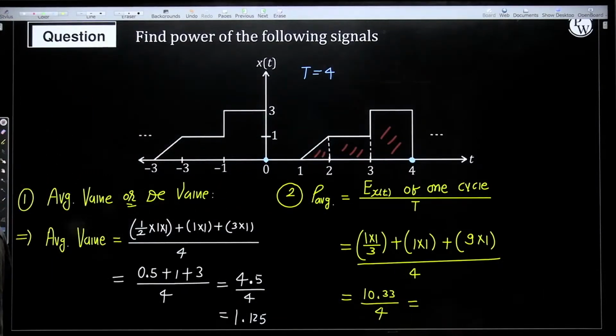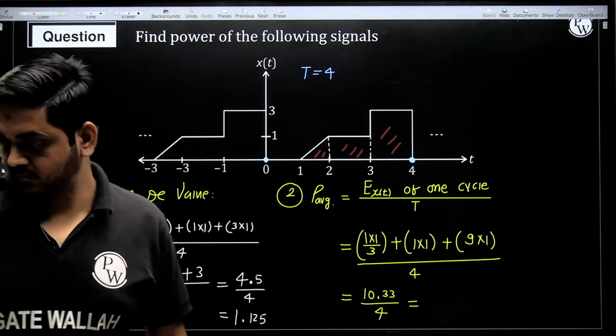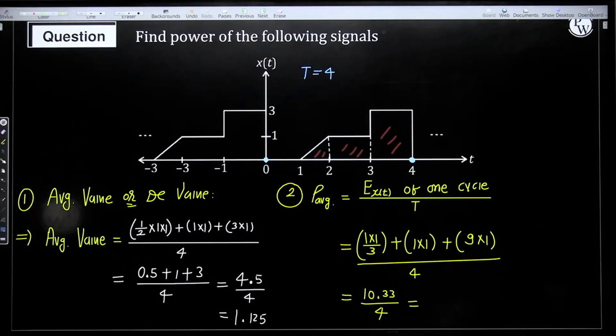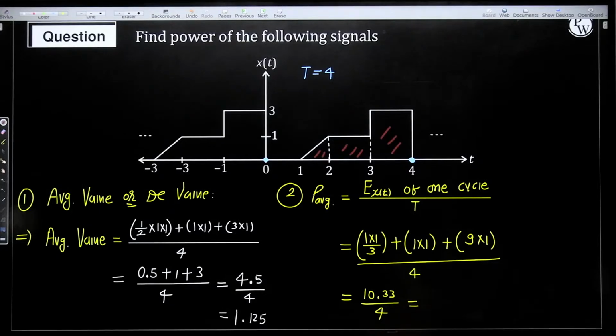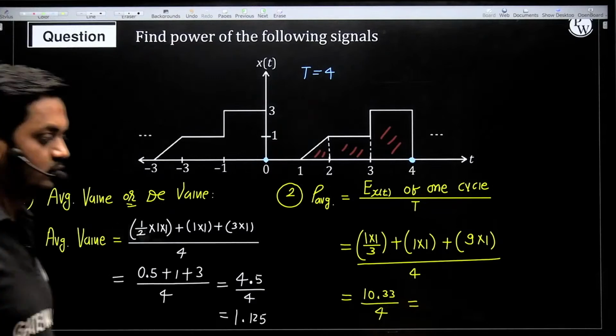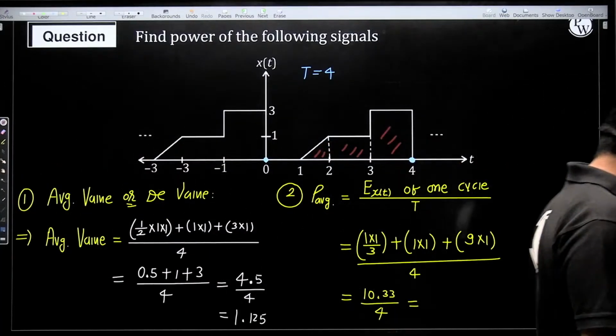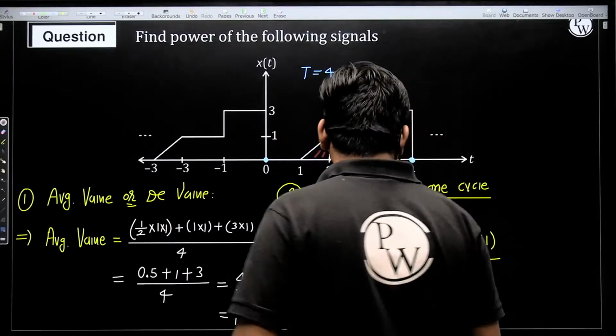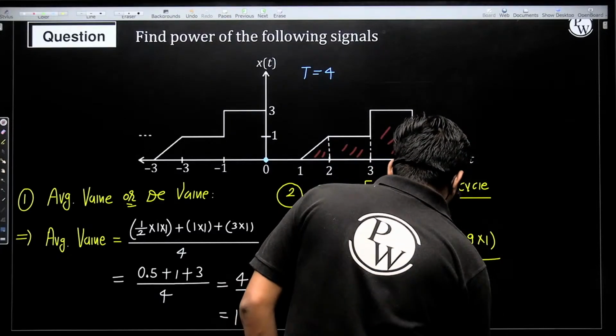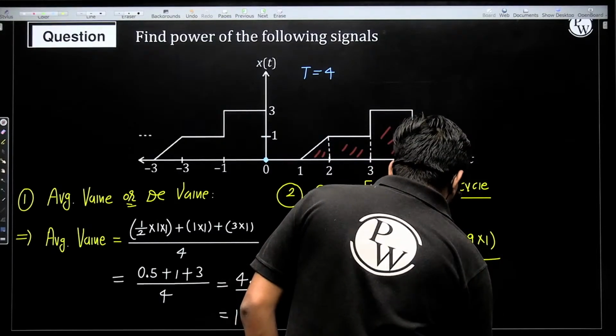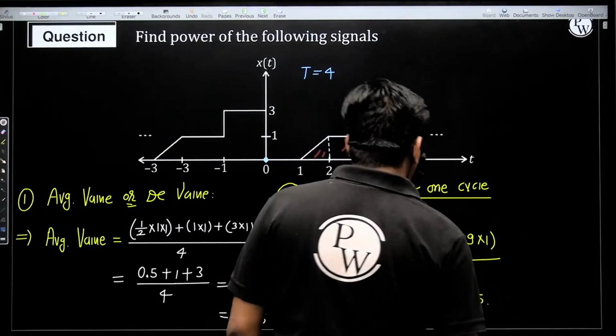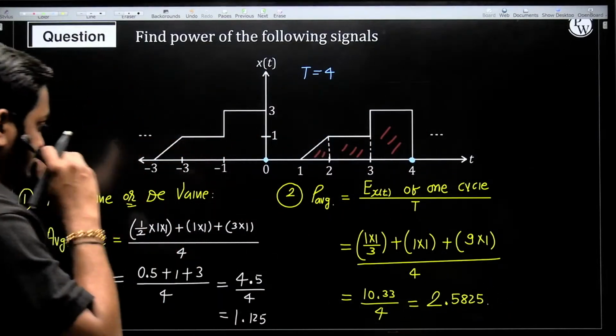So 10.33 divided by 4. Calculate this. 10.33 divided by 4 is 2.5825. Correct? 2.5825 watt. So this is the average power.